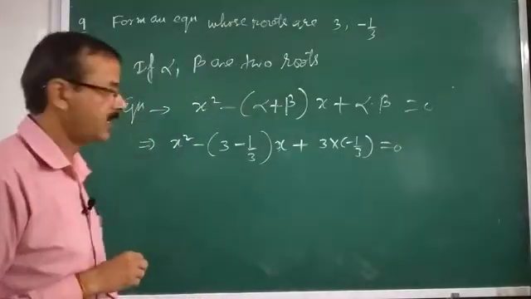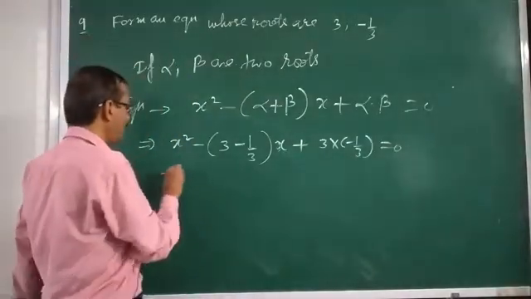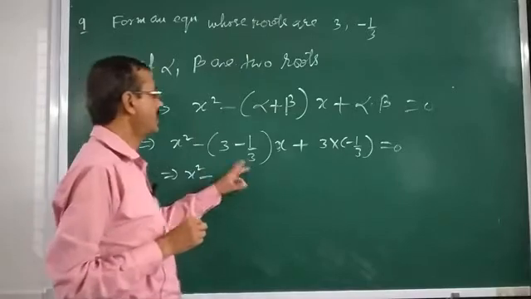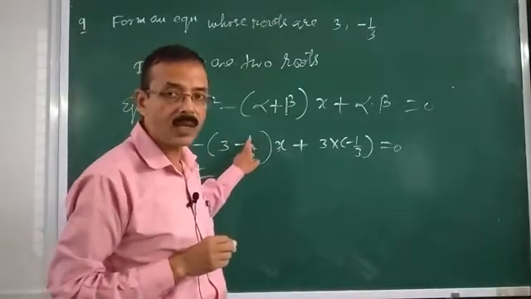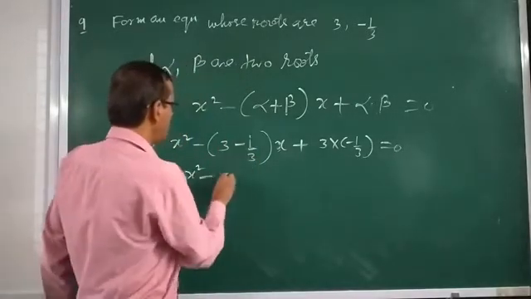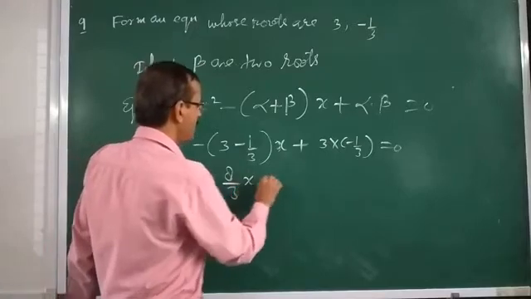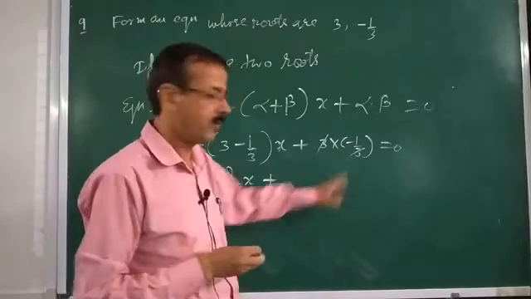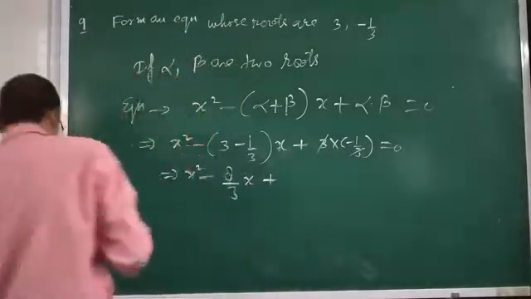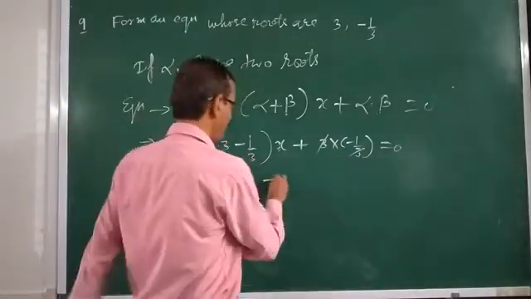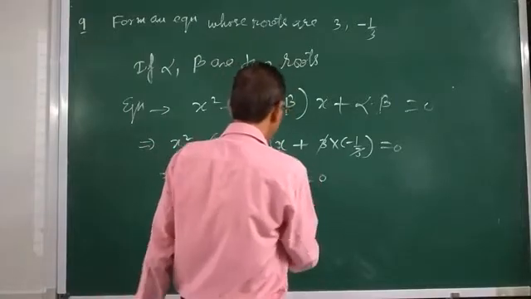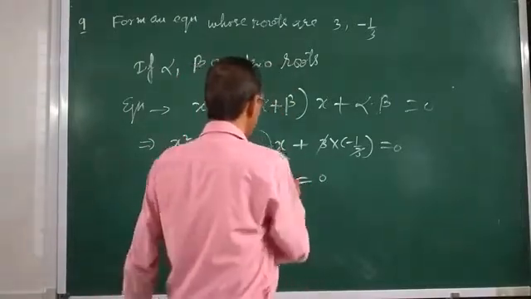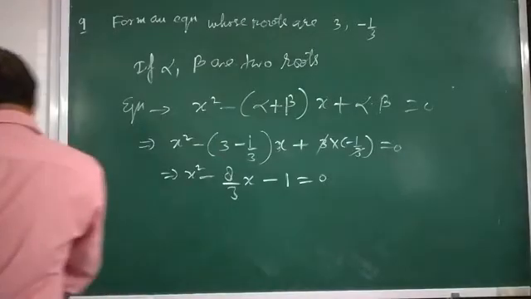Now simplify: x square minus, 3 threes are 9 minus 1 is 8, so 8 upon 3 x, plus the 3 cancels, plus into minus is minus, so write down minus 1, that is equal to 0.